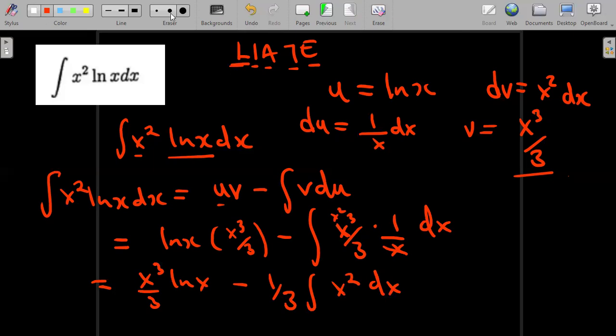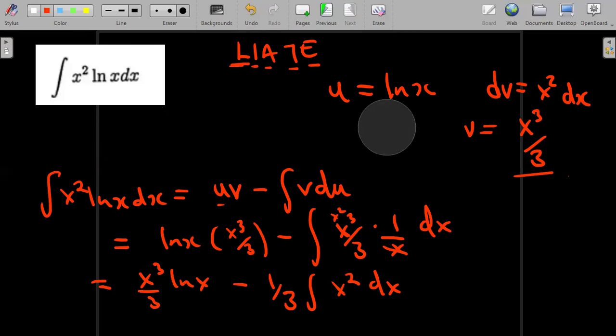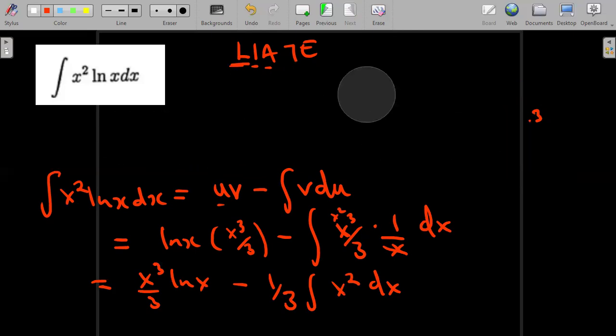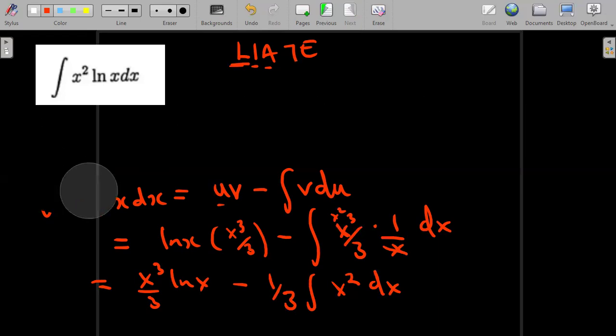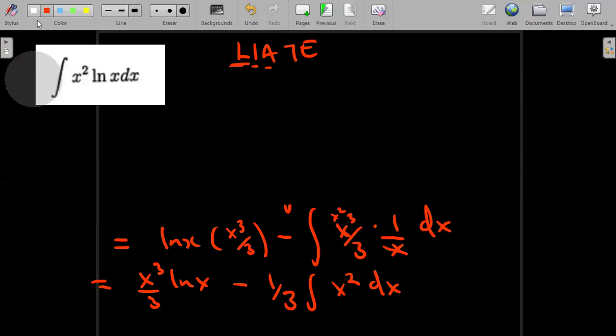Then from there, let me clear here. So you can write that as 1 over 3 x cubed ln of x, then minus 1 over 3.